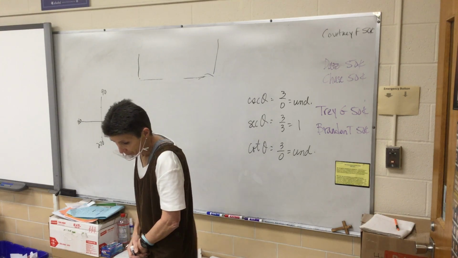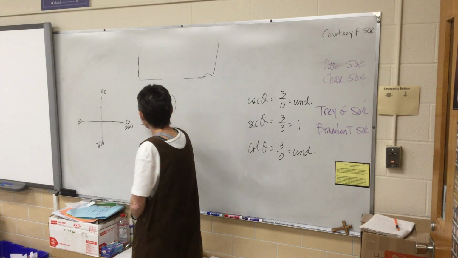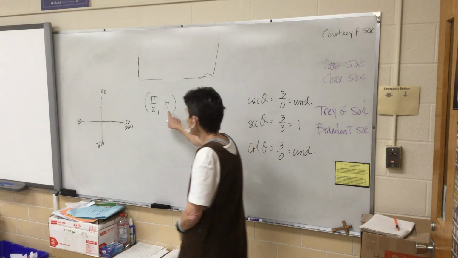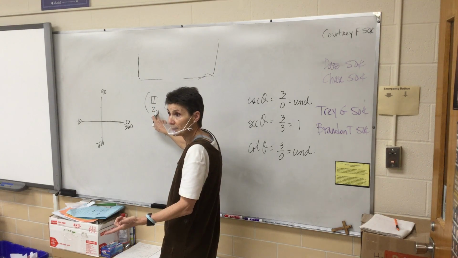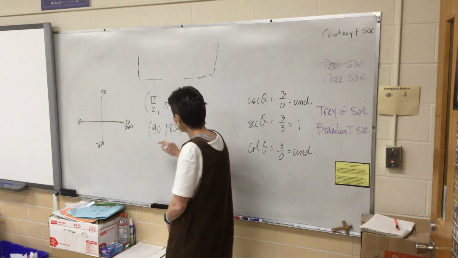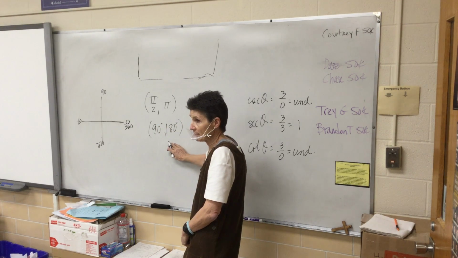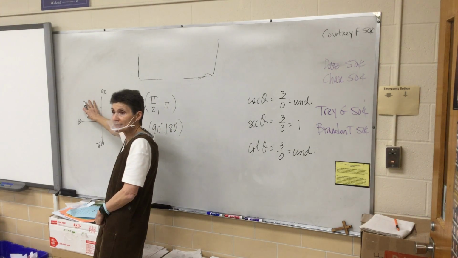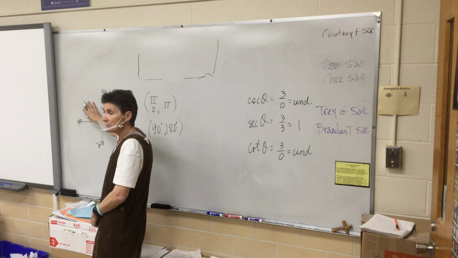In the next problem, it says I am in the interval from pi over 2 to pi. Now, those are radian measures. We know pi is 180, and that means pi over 2 would be 90, right? 180 divided by 2. So we're talking about the interval from 90 to 180. We're talking about this space right here.